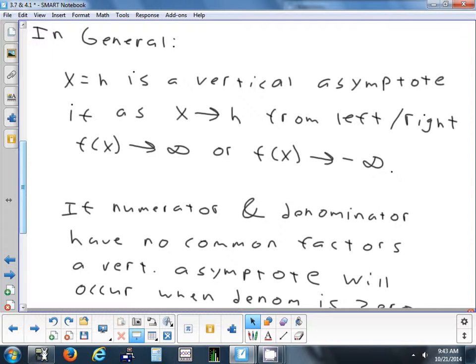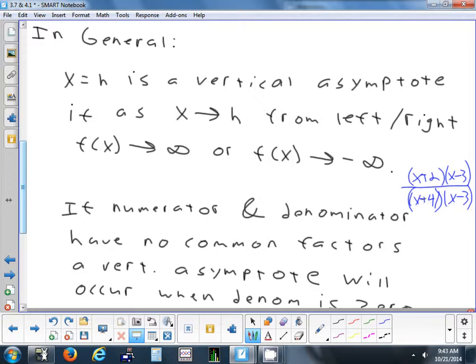Now, it's important that if you're just looking at the equation or function itself, the numerator and the denominator have no common factors. If they have a common factor, that's when you can get a hole in a graph. So we have to watch out for that. Sometimes you have a graph like this: x plus 2 times x minus 3 divided by x plus 4 times x minus 3.